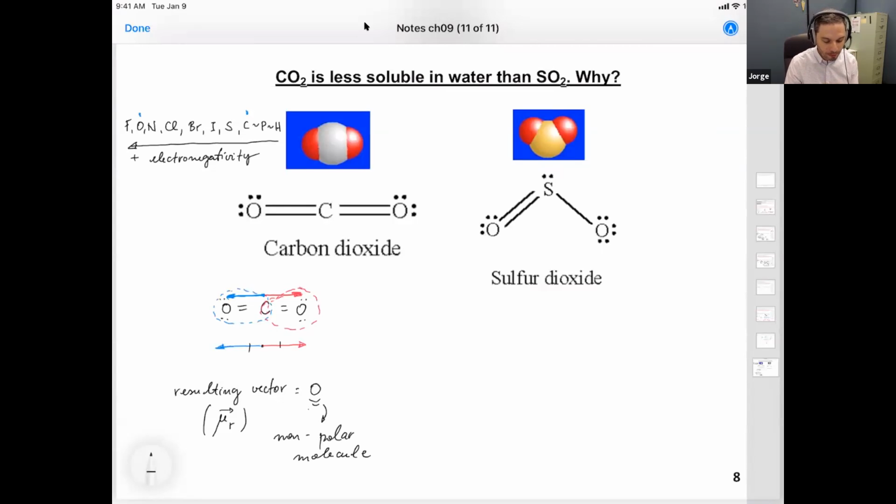So you have to remember how to add vectors. For CO2, a linear molecule, the pull to the left is the same intensity as the pull to the right. That will cancel the vectors, resulting in a non-polar molecule.